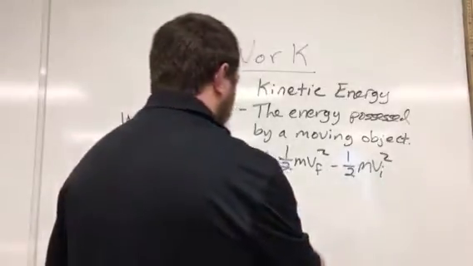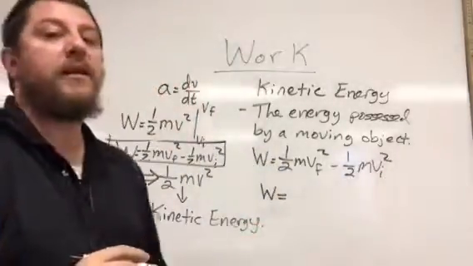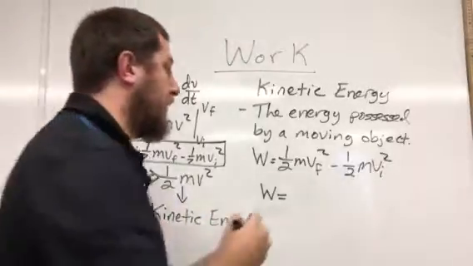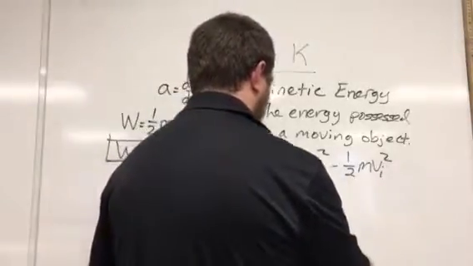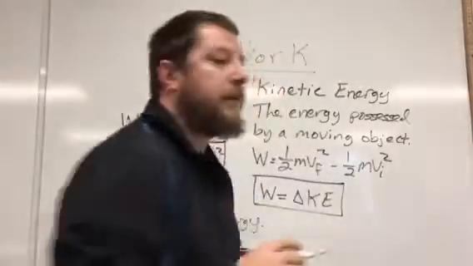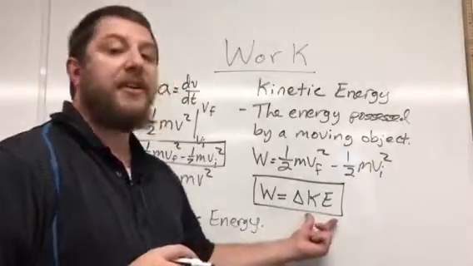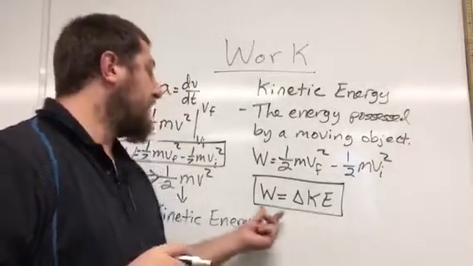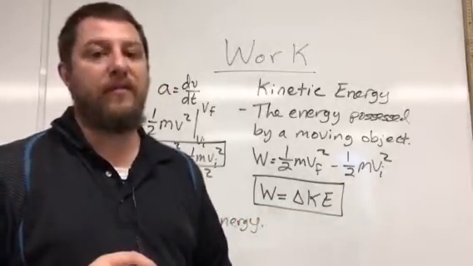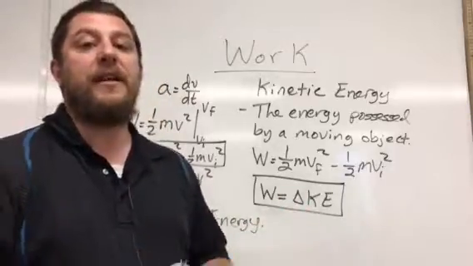So the work that an object has performed upon it by an external force is going to be equal to the change in its kinetic energy. And this is sometimes called the work energy theorem. The change in kinetic energy of an object is equal to the work that that object has performed on it by some outside force. So that is the definition of kinetic energy.